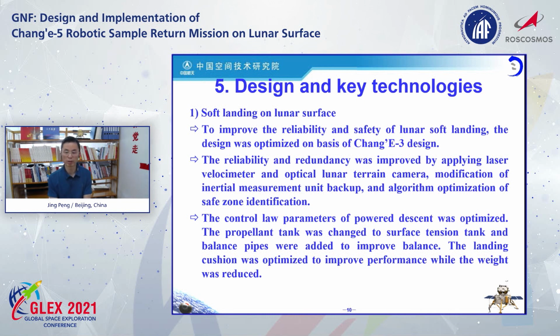The control law parameters of powered descent were optimized. The propellant tank was changed to a surface tension tank, and balance pipes were added to improve balance of the propellant tank. The landing cushion was optimized too to improve the performance while the weight was reduced.